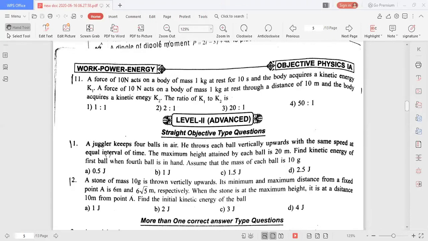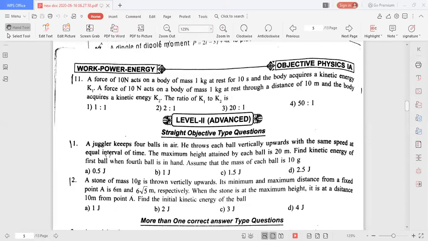Here you see, a force of 10 Newton acts on a body of mass 1 kg at rest for 10 seconds. Mass of the body is given 1 kg. In first case, the time for which the force acts is equal to 10 seconds. Then it acquires some kinetic energy, delta K is equal to K1.